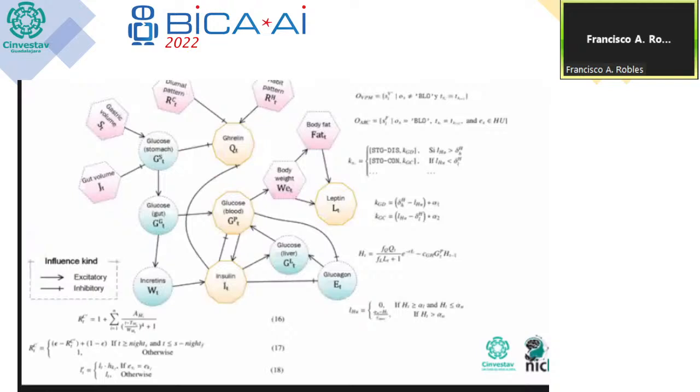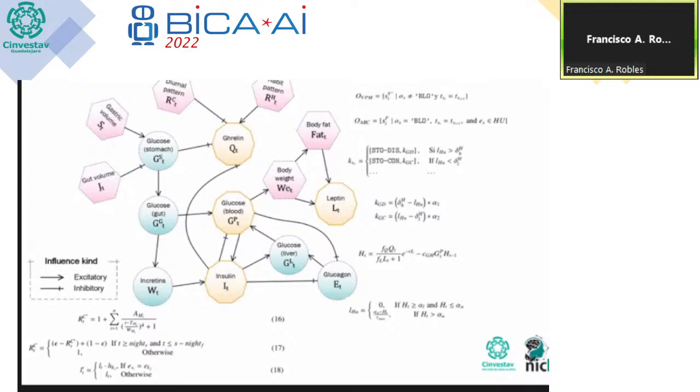This figure shows a general view of the blood biomarkers regulation by hormones, peptides, molecules, and body properties. It is also influenced by patterns of diurnal and nocturnal habits, whose relationship can be inhibitory or excitatory. Inhibitory connections diminish or restrict variable dynamics, and excitatory connections have the opposite effect.